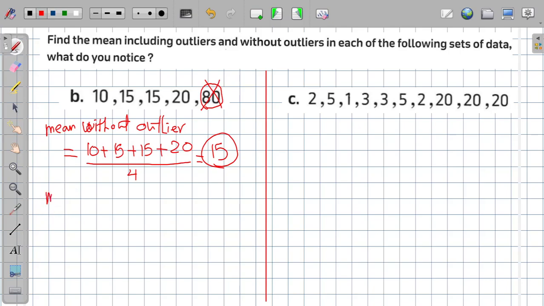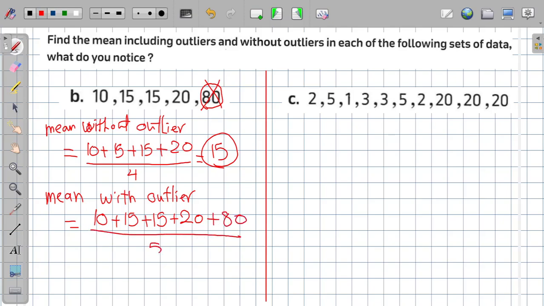Okay, so I wanted to find the mean with the outlier, or including the outlier. It will be 10 plus 15 plus 15 plus 20 plus 80, and all of these divided by 5. So I have 60. 60 plus 80 equals 140. 140 divided by 5 equals 28.